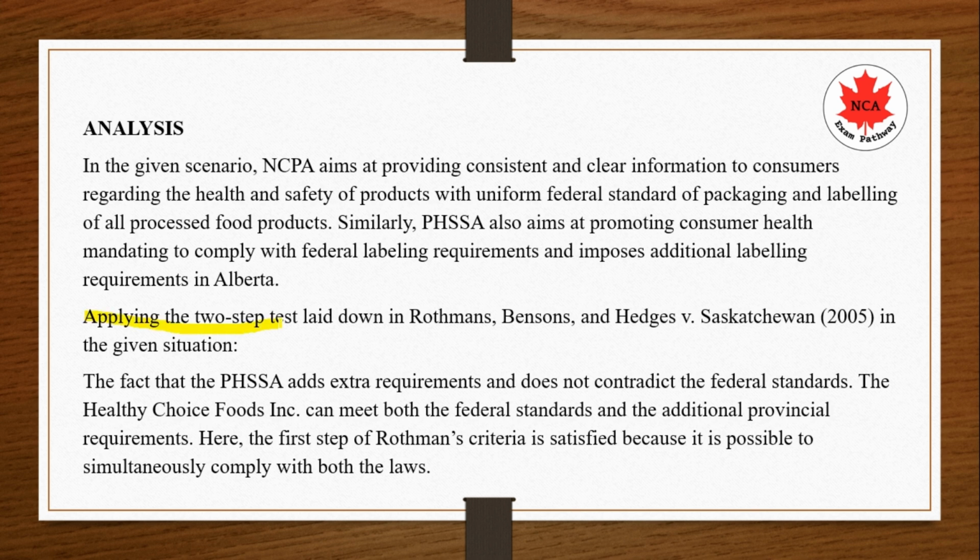Applying the two-step test laid down in Rothmans, Benson & Hedges versus Saskatchewan 2005 in the given situation, the fact that PHSSA adds extra requirements and does not contradict the federal standards means Healthy Choice Foods Incorporation can meet both the federal standards and the additional provincial requirements. Here the first step of Rothmans criteria is satisfied because it is possible to simultaneously comply with both the laws.